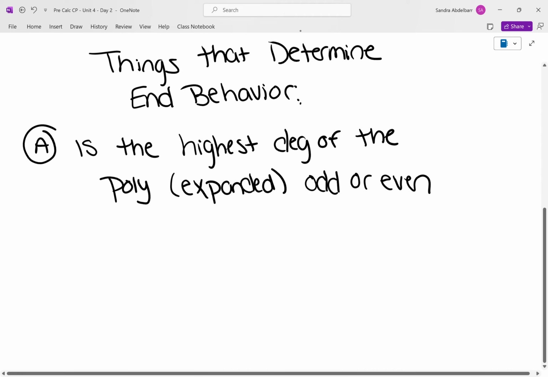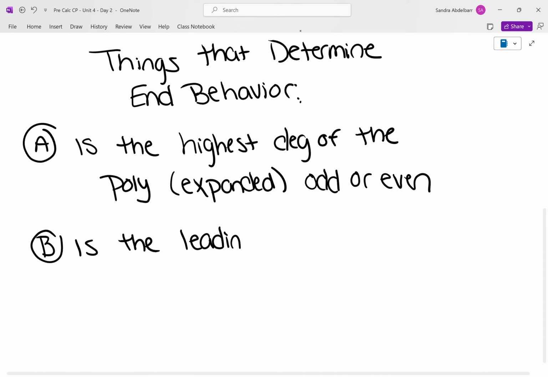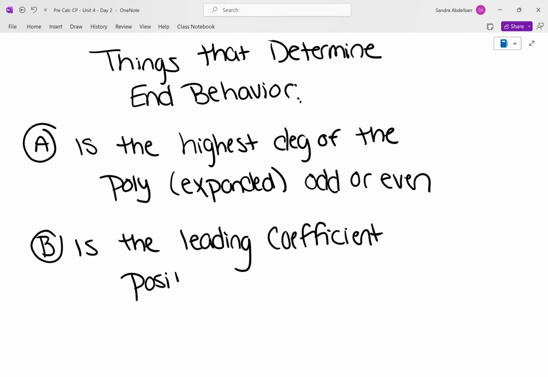And also, is the leading coefficient positive or negative?